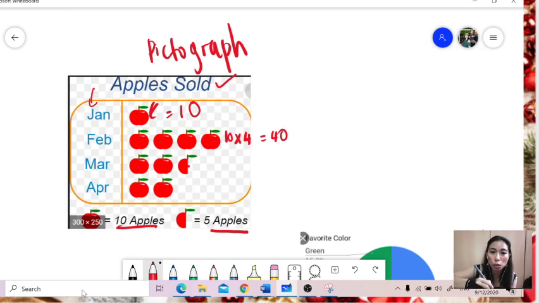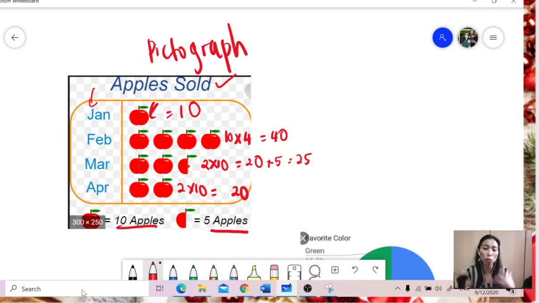So these 2 apples is 2 times 10 apples, equivalent to 20. And this 1 half apple is 5. So you need to plus 5, which is 25 for the month of March. April is 2 whole apples, means 2 times 10 equivalent to 20 apples. So this is a pictograph.